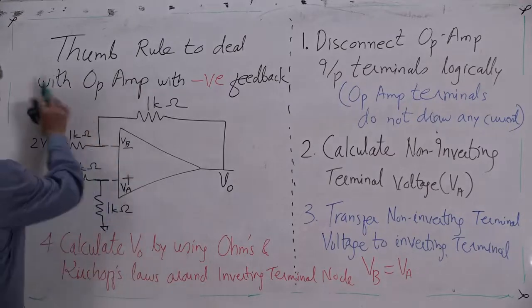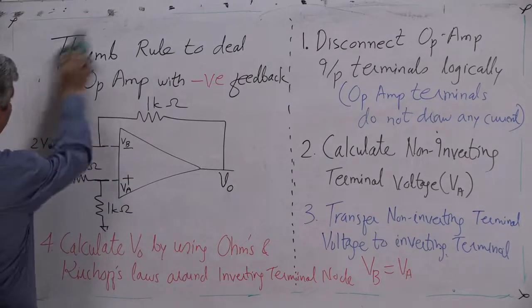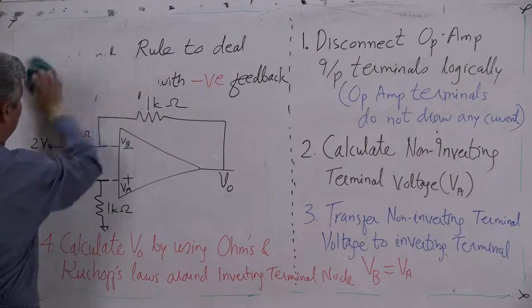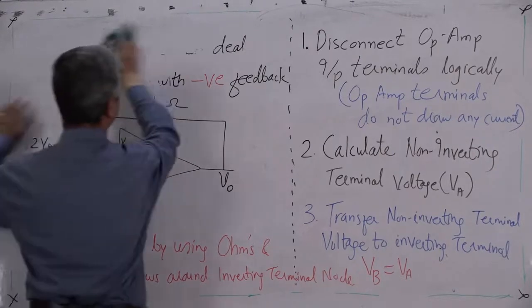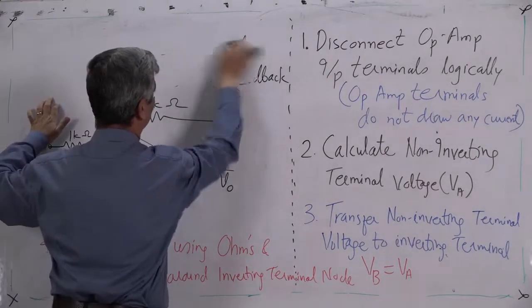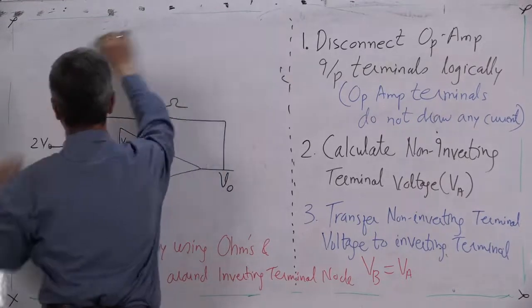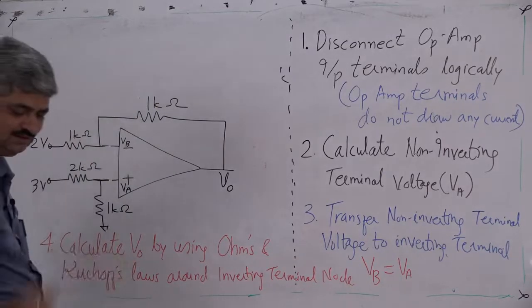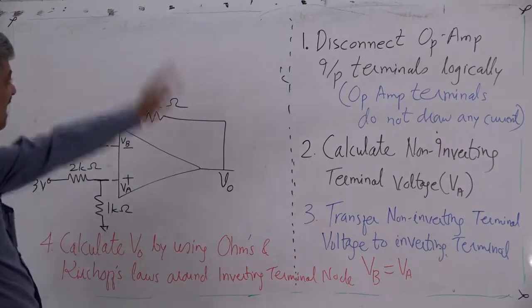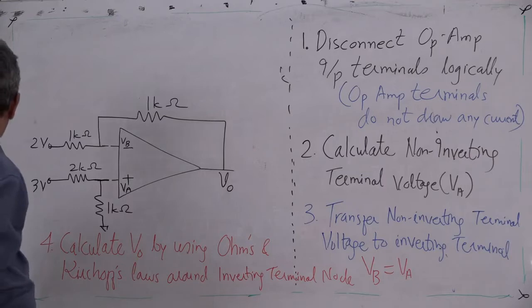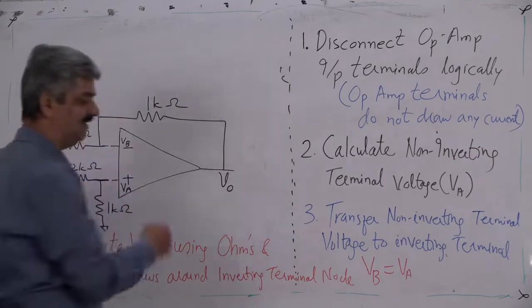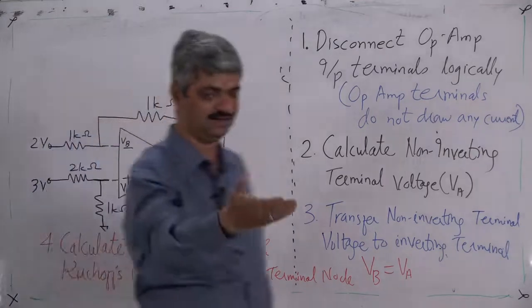So I rub this and use the space above so that you can see the thumb rules and also calculate everything. We try to optimize the board space. First of all, disconnect op-amp input terminals logically. The disconnection you can do very easily because it is very easy to break.